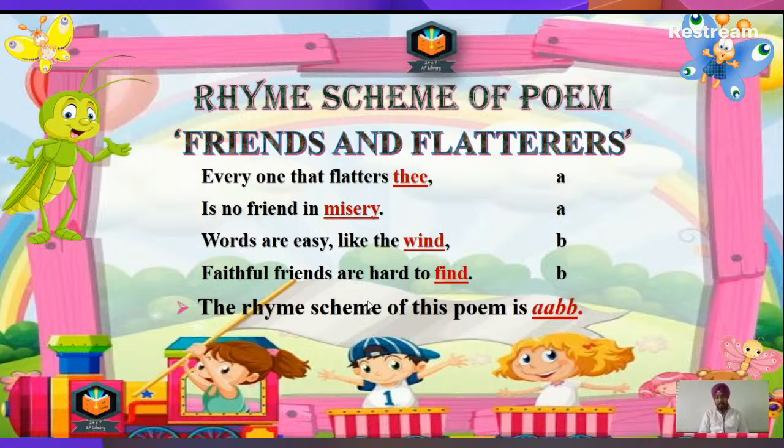That is the rhyming word of the third line, so we will write the same letter to show the rhyme scheme as the third line. Here the rhyme scheme of this poem is A, A, B, B. Here also the first two lines are rhyming words, and the next two lines are rhyming words.